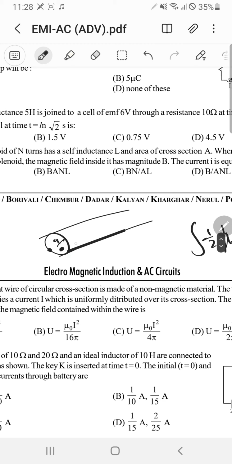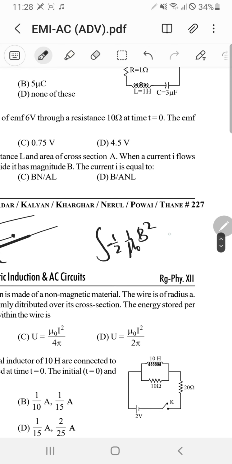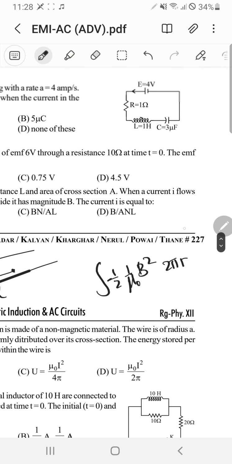Say the length is L and the radius is r, so this volume will be 2 pi r dr times L. We don't want L, because 1 upon L will be there anyway. So we just integrate from r equal to 0 to a.